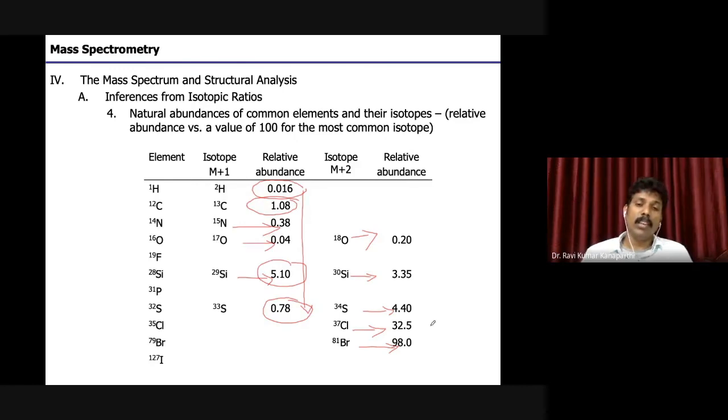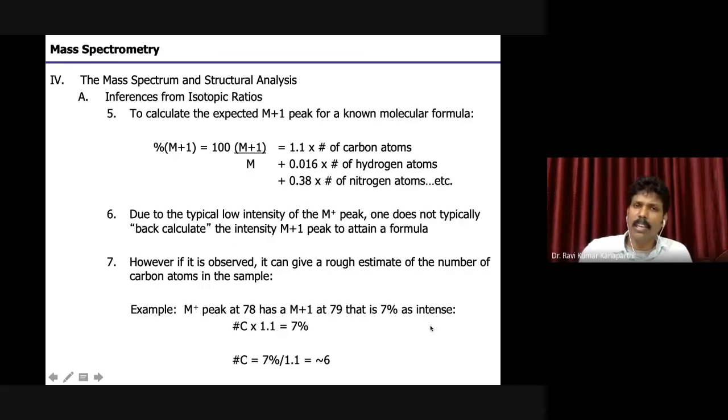These are the elements that generally contribute to the m+2 peaks. Please remember these things, and accordingly one can calculate the percentage of m+1 and the percentage of m+2. From an examination point of view, you will be given a chemical formula of your molecule, and then you will be asked to calculate the percentage of the m+1 peak and then the m+2 peak.